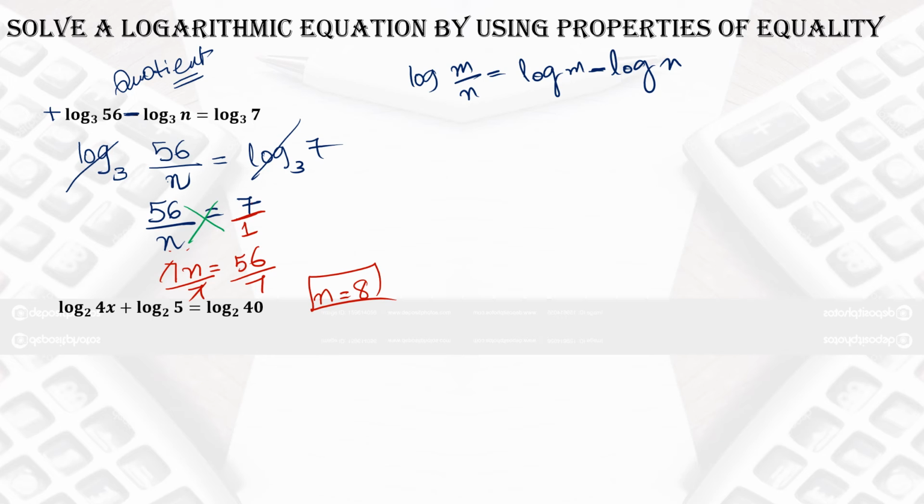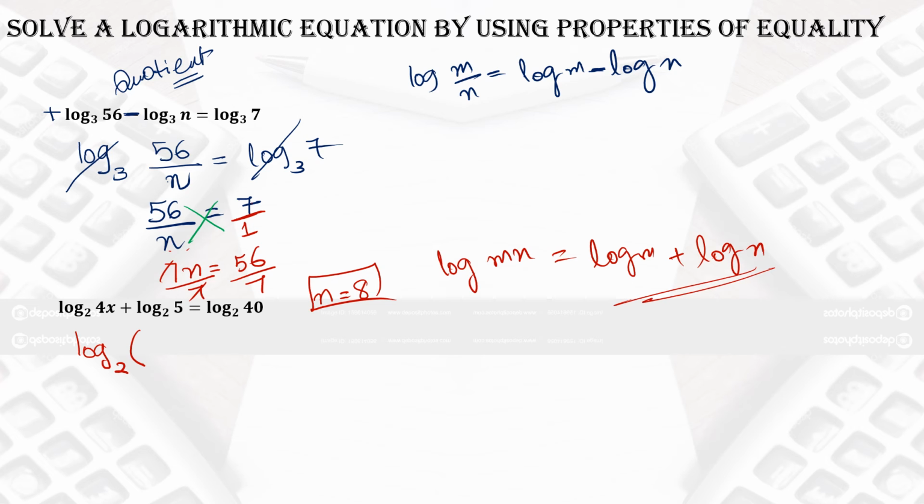Now log base 2 and log base 2 are the same, so you will write log base 2 one time and shrink them by using the product property of log, which says that log of m times n equals log m plus log n. The right hand side is given, and you condense the left hand side. So 4x times 5 equals log base 2 of 40.